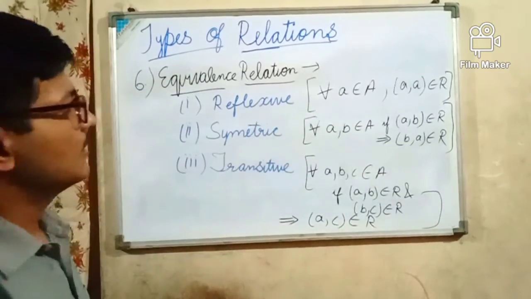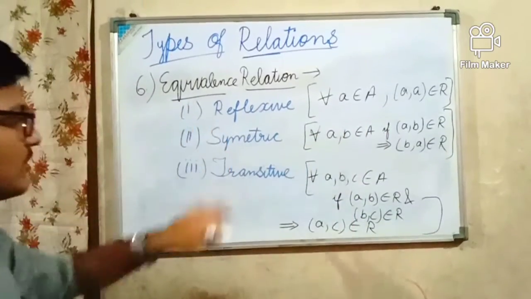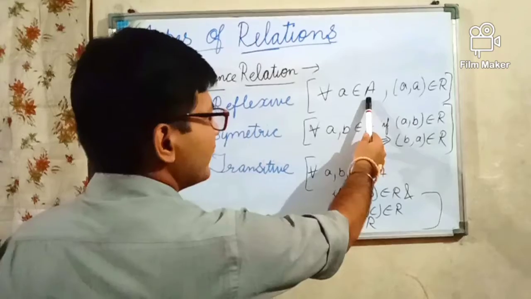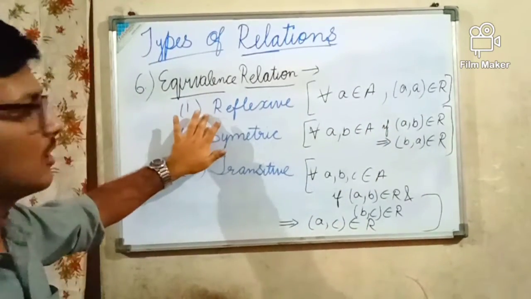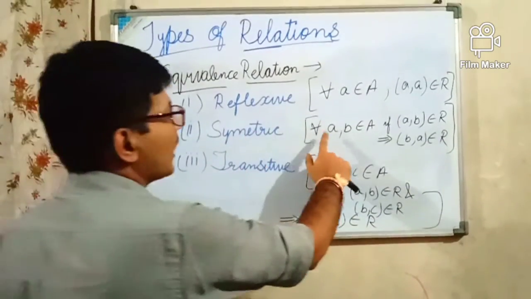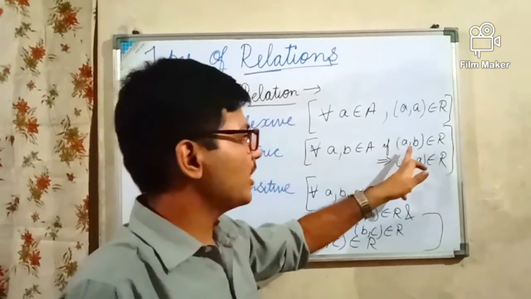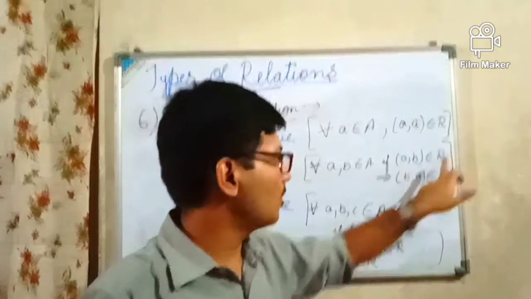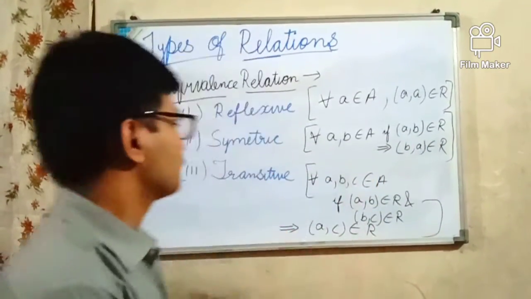For a quick revision, I have written the conditions for reflexive, symmetric and transitive. जल्दी से देखेंगे. For every a belonging to set A, (a, a) should belong to R for the relation to be reflexive. Symmetric, अगर a और b कोई दो एलिमेंट्स हैं सेट A के, and (a, b) जो ordered pair है वो relation R को belong कर रहा है, तो (b, a) भी belong करना चाहिए.